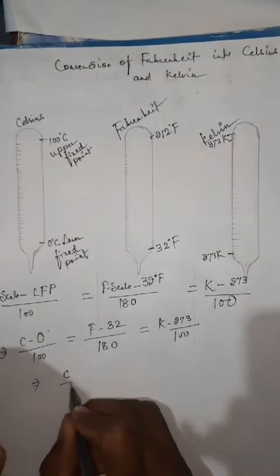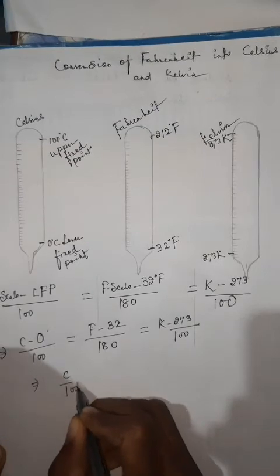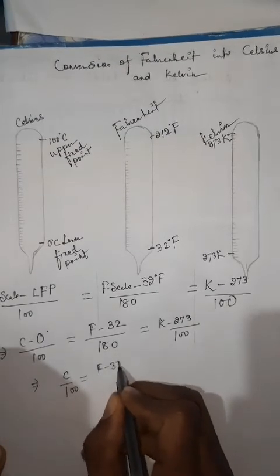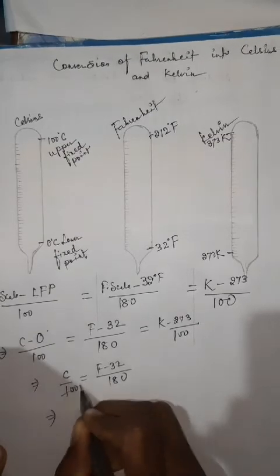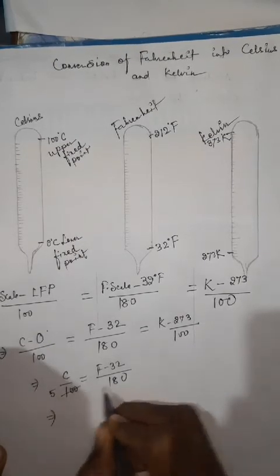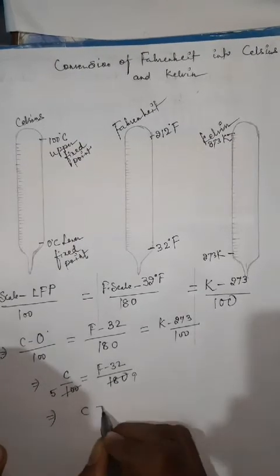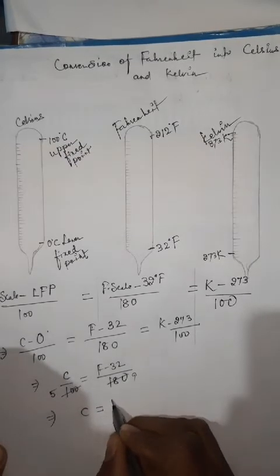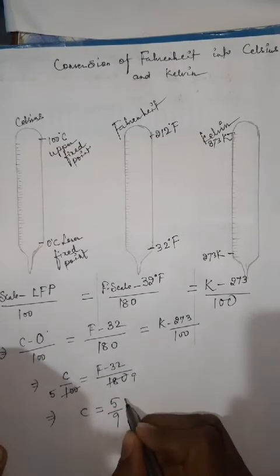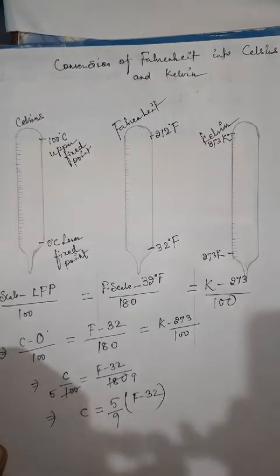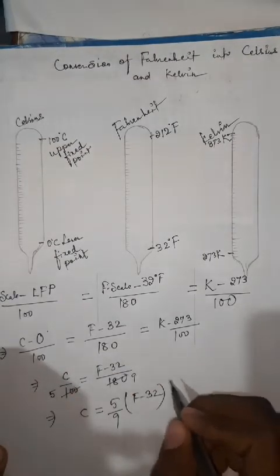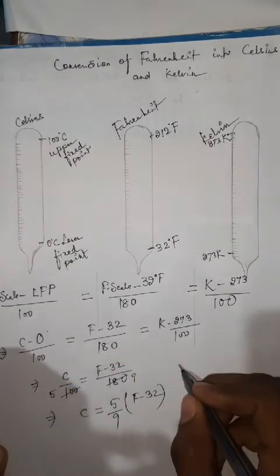So C by 100 equals F minus 32 divided by 180, that is C by 5 equals F minus 32 by 9. This is our required relation between Celsius and Fahrenheit.